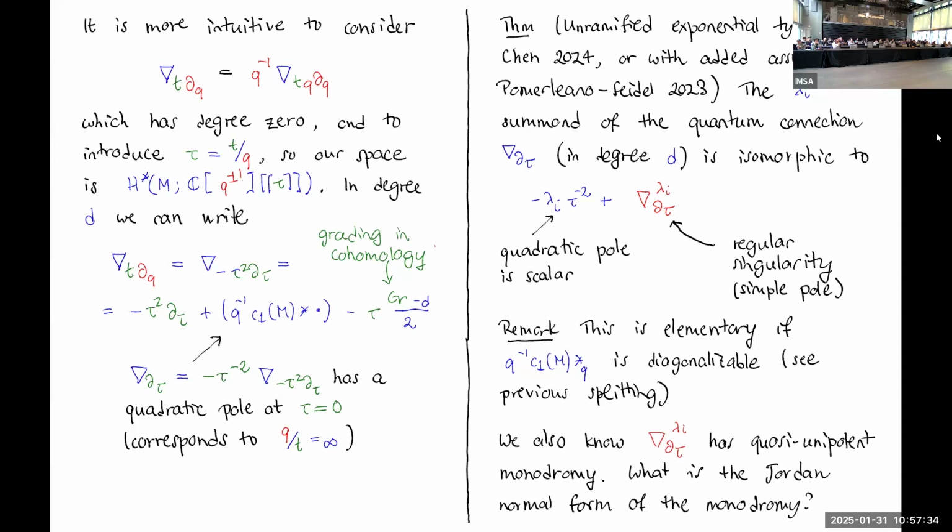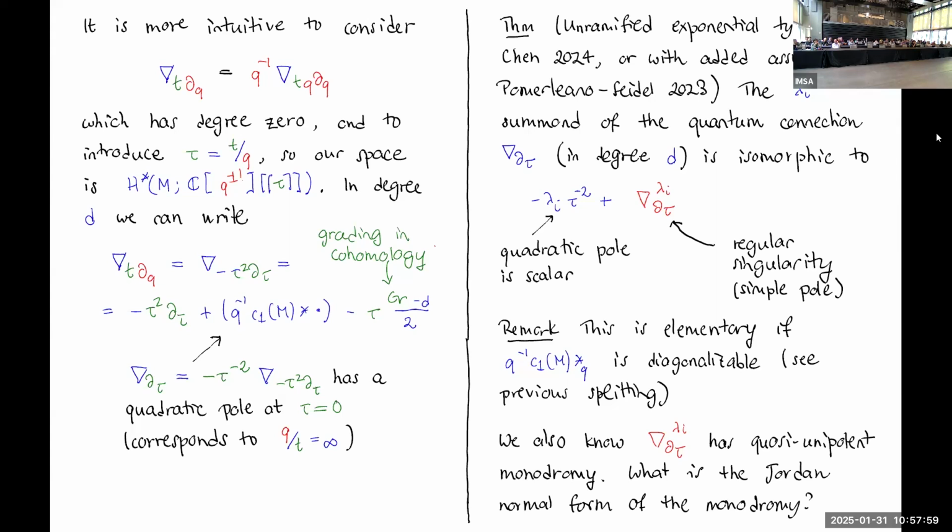If you look at it, you think of this as differentiation by dq, but this is exactly the same operation as one that differentiates with respect to tau. More precisely, it differentiates in the direction of tau squared d tau, and then there's the term that we're used to, and another term where you have to put degree considerations.